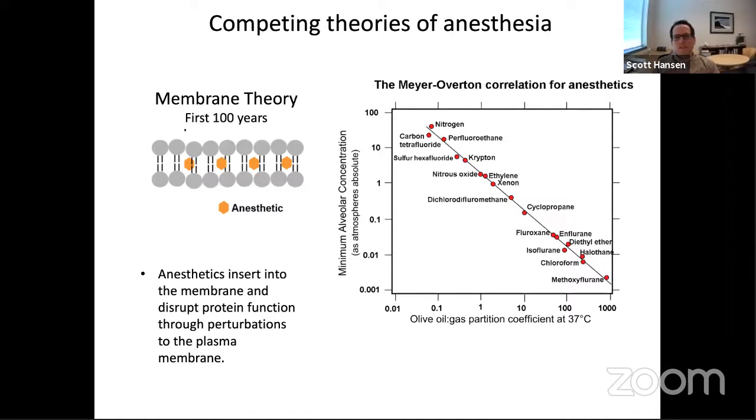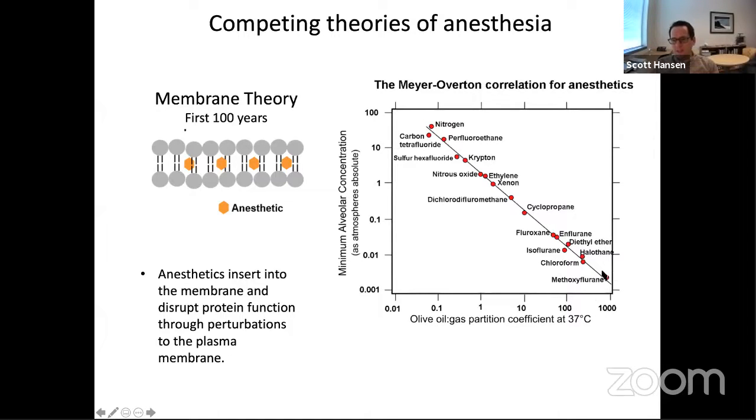And it's led to a couple of competing theories. One was the membrane theory. It was first introduced over 100 years ago. Meyer and Overton independently discovered that these anesthetics partition into oils with increasing hydrophobicity. On the y-axis, you can see here the concentration at which they're effective, and on the x-axis, the propensity of the molecule to partition into oil.